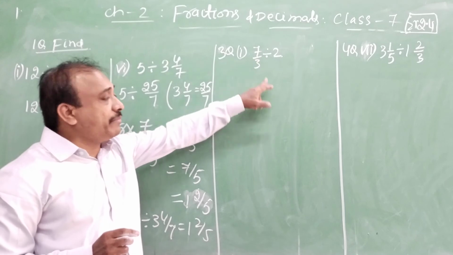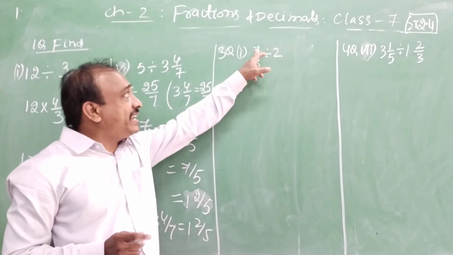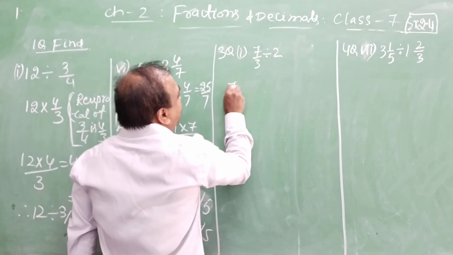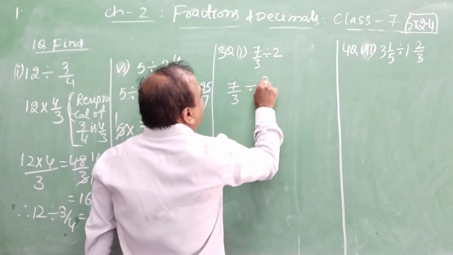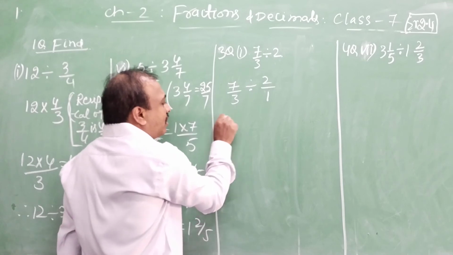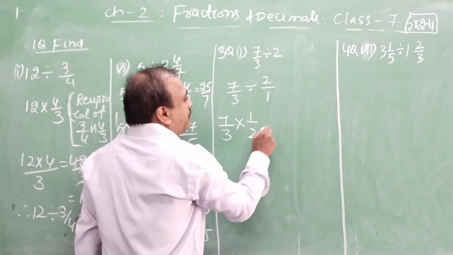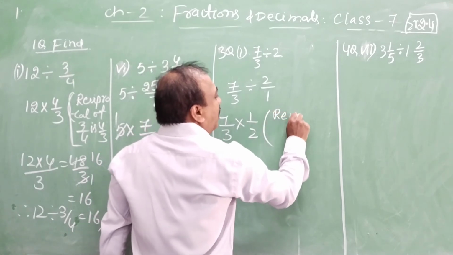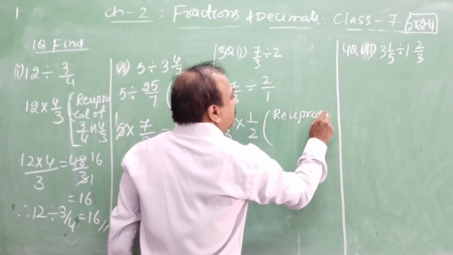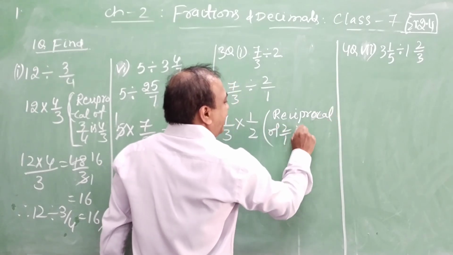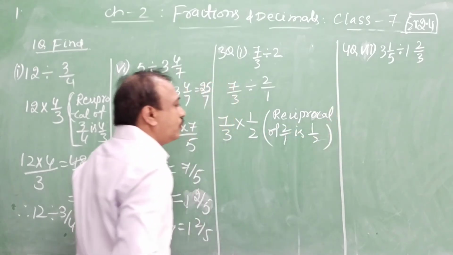Now let us see question number 3. Here is a whole number, here is a fraction. So 7 by 3 divided by 2 by 1. Now 7 by 3 into the reciprocal of 2 by 1, which is 1 by 2.